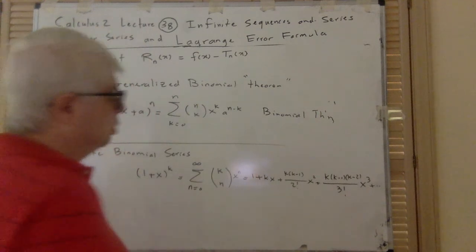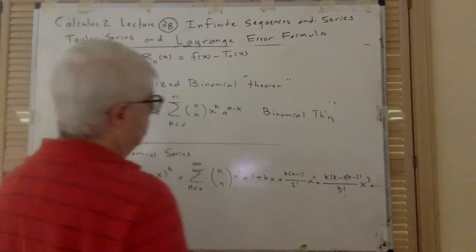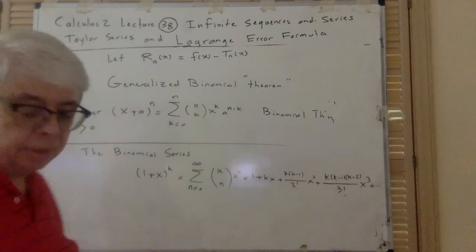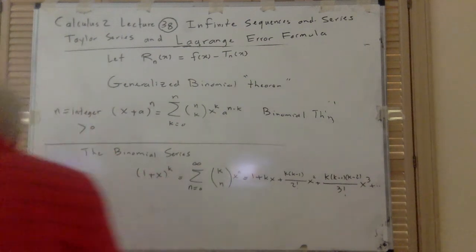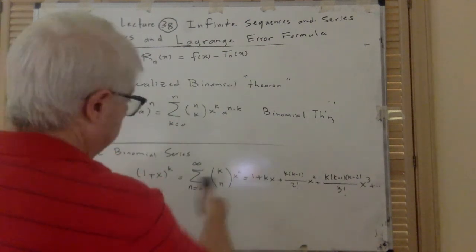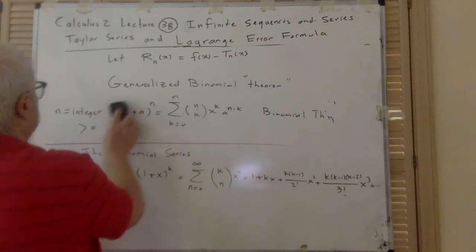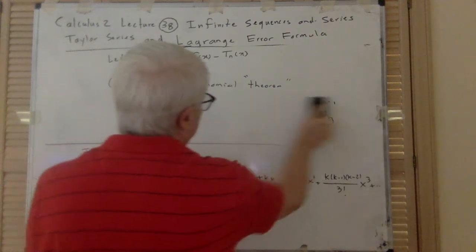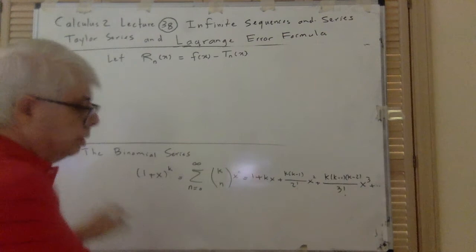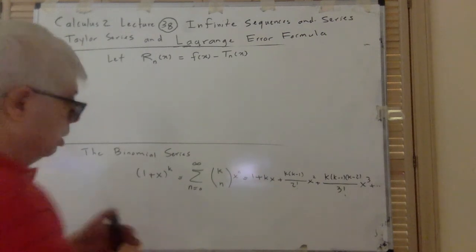So you can guess what this thing is. This notation is like the binomial coefficient in general. So n choose k is given here in general form.